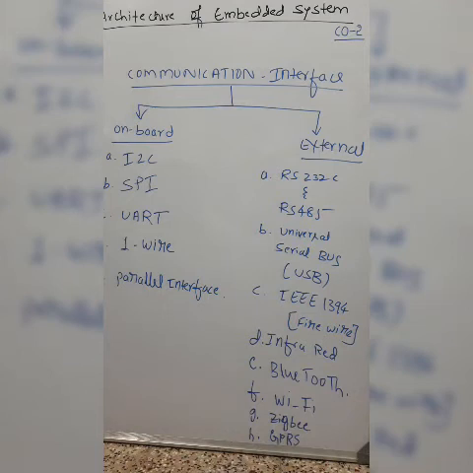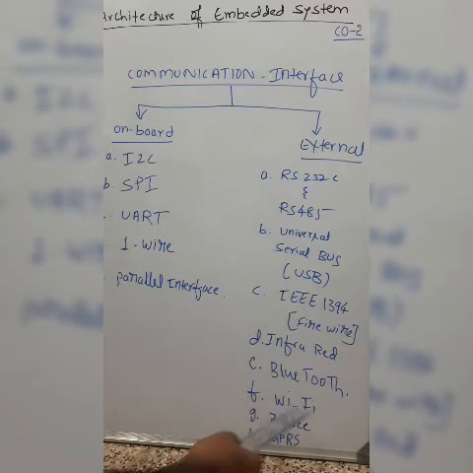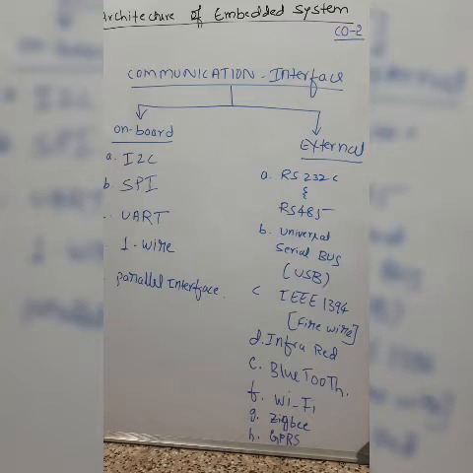Then coming to the Wi-Fi, it is also called wireless fidelity. It is wireless communication once again. You can have networked devices, more than two devices, a group of devices interconnected through Wi-Fi. Herein, you have to have IP addresses for each of the devices in communication.